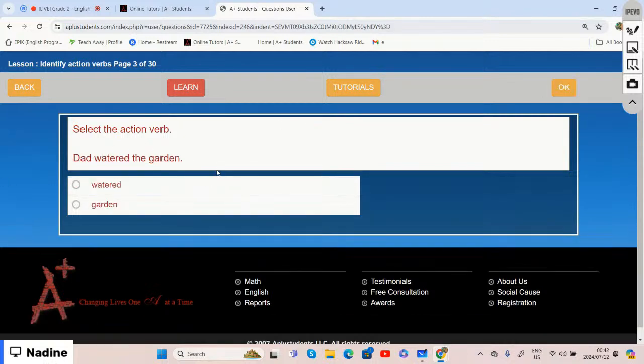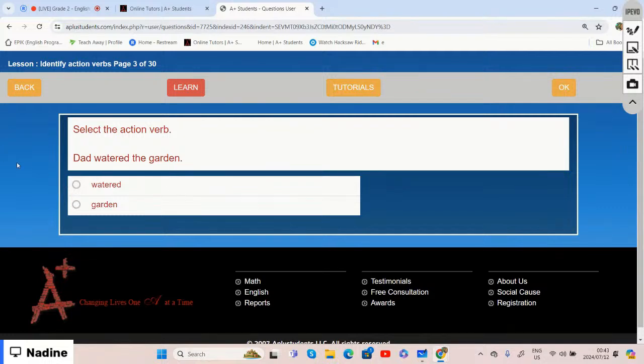Dad watered the garden. We need to select the action verb that tells us what Dad is doing. So, what is our action verb?